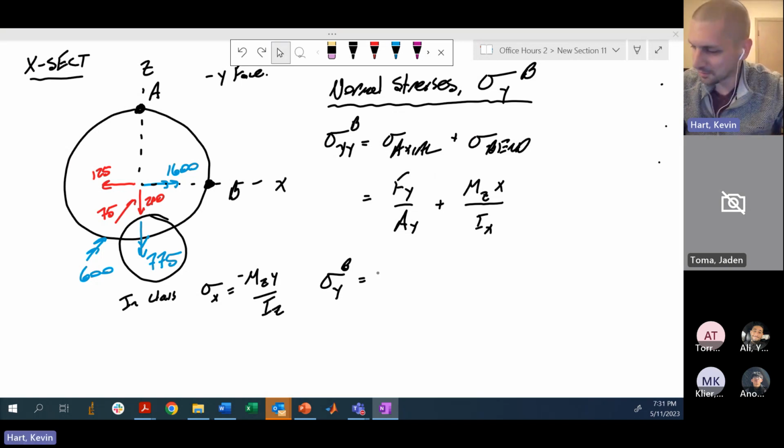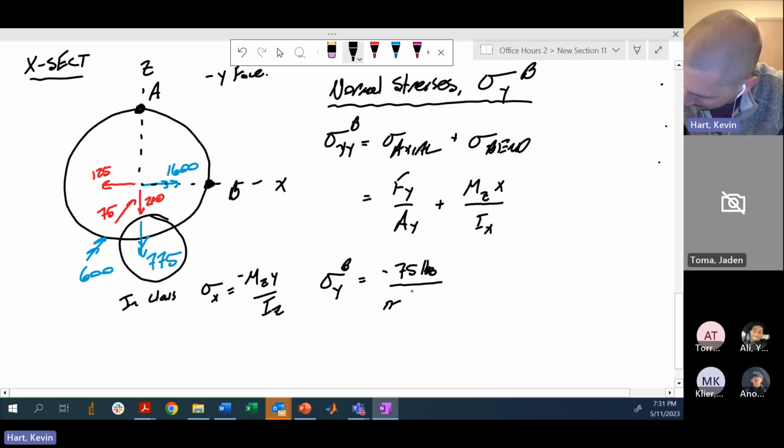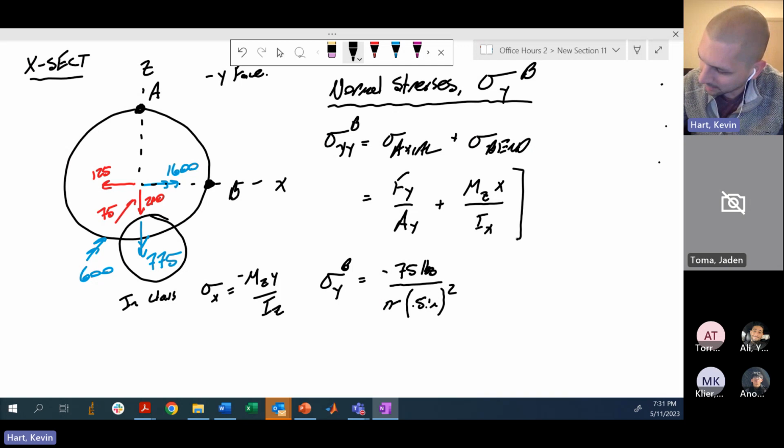Yeah, this coordinate system really is throwing everything off, but okay. 75 pounds divided by the cross-sectional area. Here, the bar is 1 inch in diameter, so we have pi times 1/2 inch squared. Now, we talked a lot about why this particular term gets you a positive value.